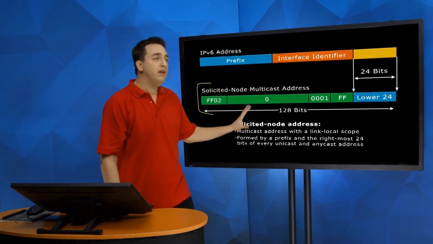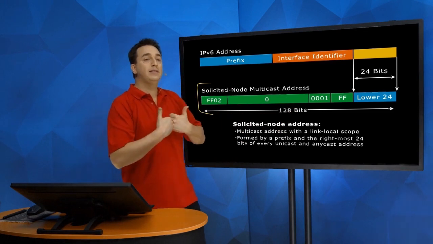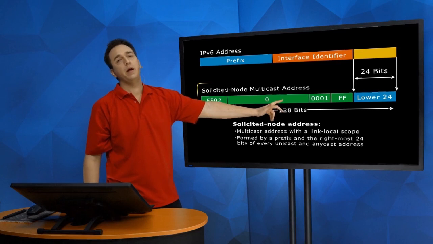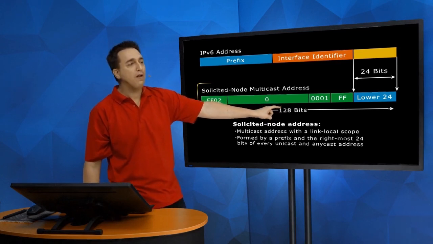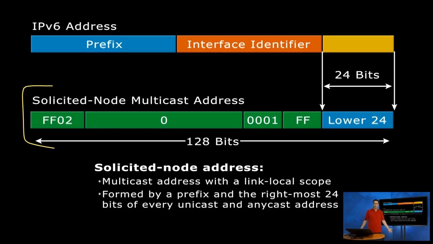That's right. So every device creates their own, and then I will send to them based on this address. And then you might be saying, well, how in the world do I know this address? If every device comes up with their own, how do I know somebody else's address? It's simple. It's simple.